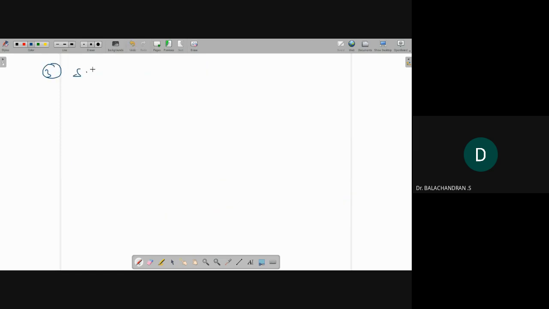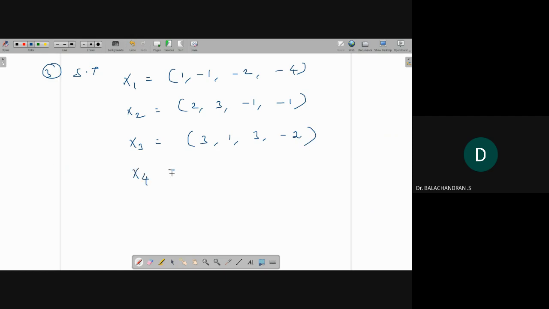Last problem. Show that the vectors x1 equal to (1, -1, -2, -4), x2 equal to (2, 3, -1, -1), x3 equal to (3, 1, 3, -2), and x4 equal to (6, 3, 0, -7) are linearly dependent, LD.